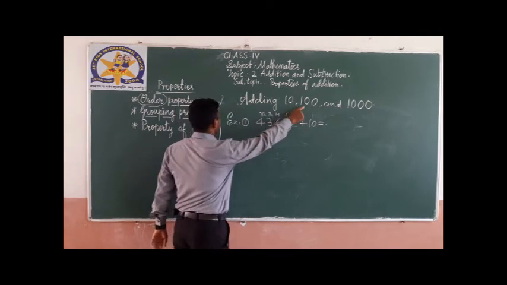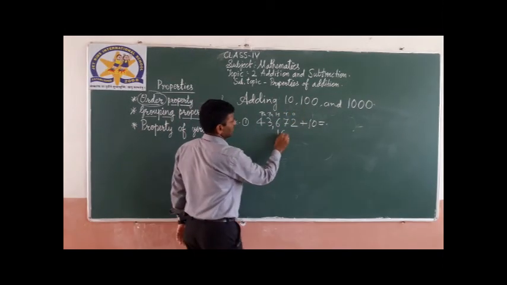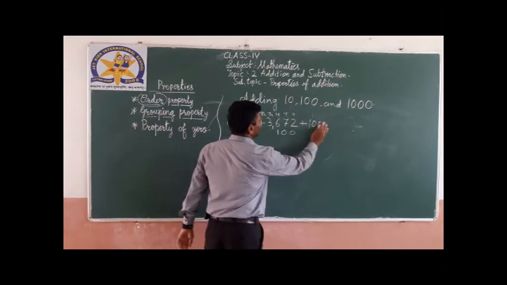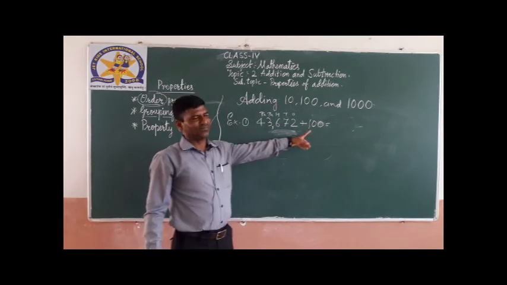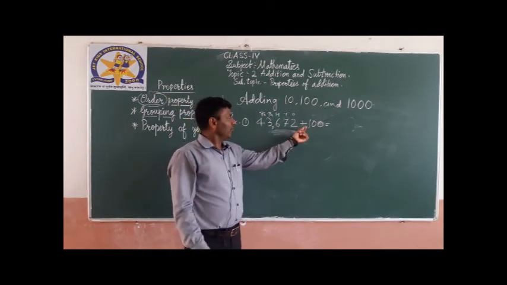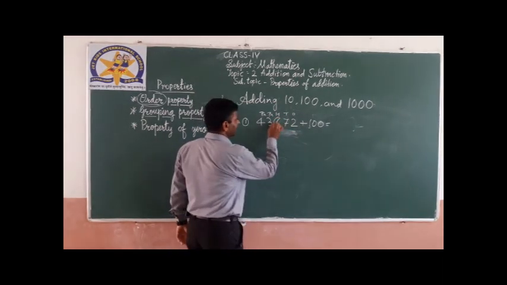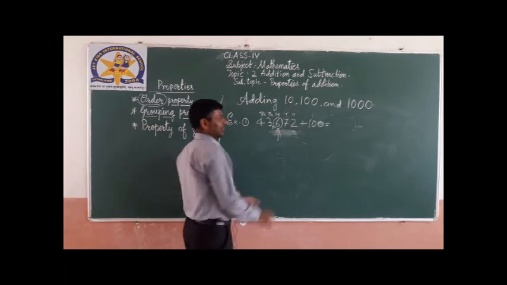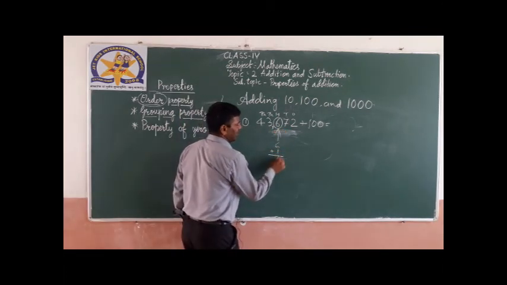Now adding 100 to a number. When we are adding 100 to a number, the hundreds place digit, here 6, will increase by 1. 6 plus 1, 7.